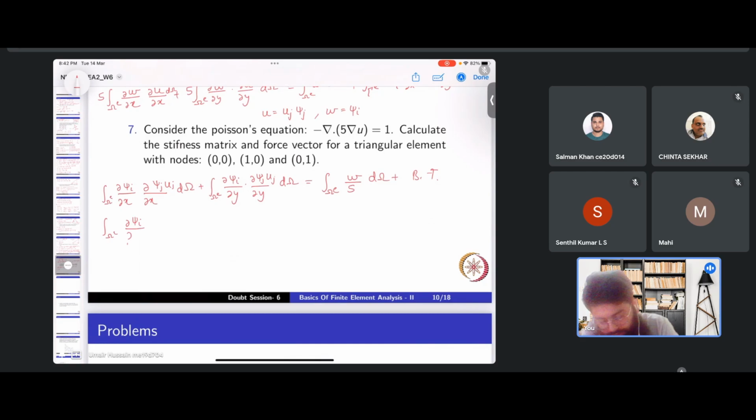So if we rearrange this as times uj, then we have this term. Sorry, w is now psi.